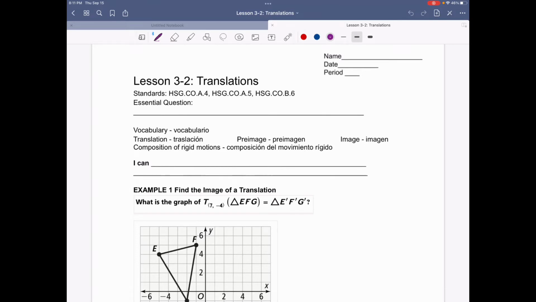The essential question for today is, what are the properties of translations?